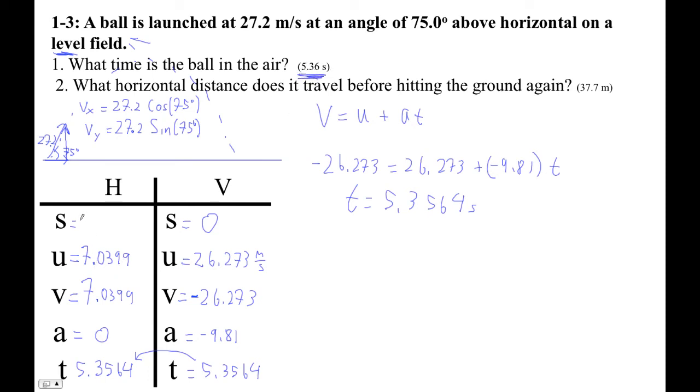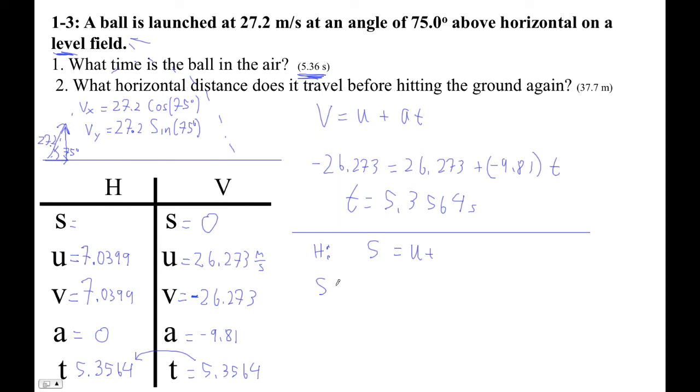To figure out the horizontal distance it travels, so this was a vertical thing, and this is a horizontal calculation. All we ever do is use S equals UT on this side. Since we have U and we have T, we're going to use that. It really is plus 1/2 AT squared, but it went away because the acceleration is 0.